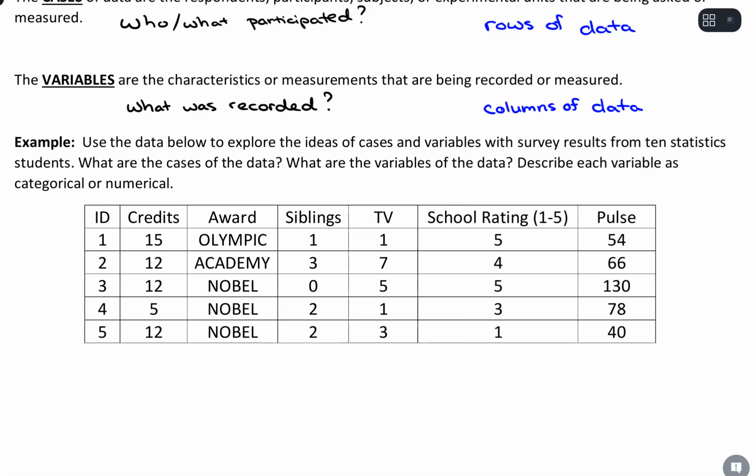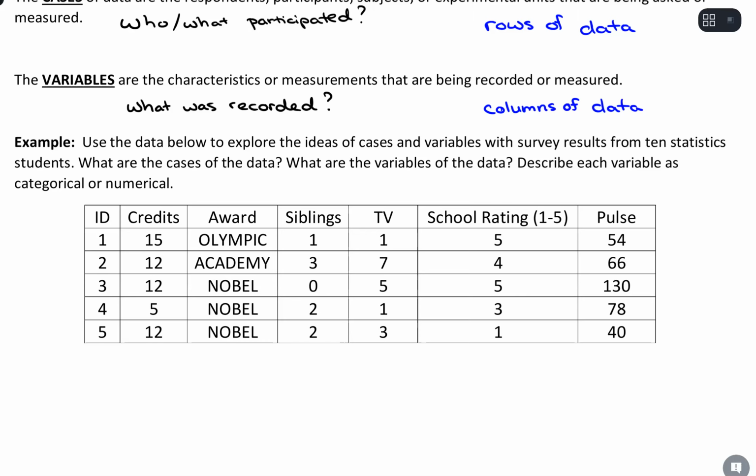In that third column, it's an award that they would like to win someday. So we have an Olympic gold medal, Academy Award, Nobel Peace Prize, things like that. We have number of siblings that they have, the number of hours of TV they watch in, let's say, a week. They're rating their school 1 to 5, and then their pulse.